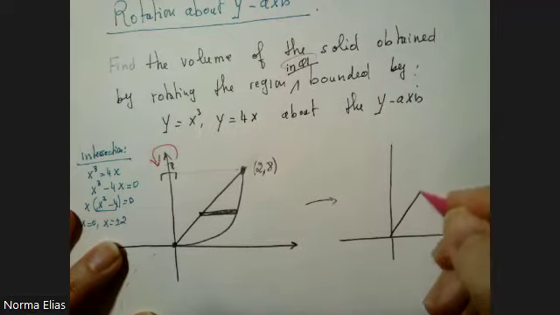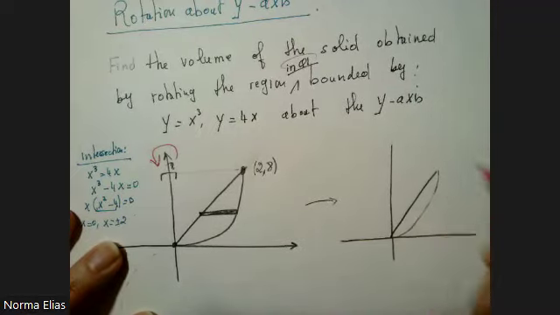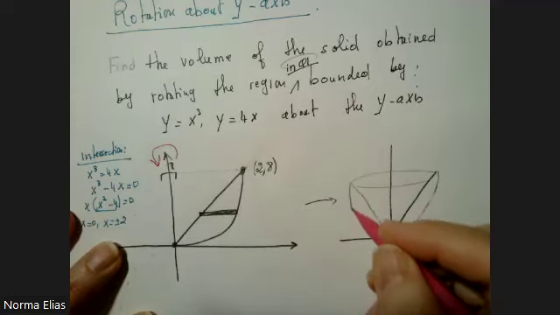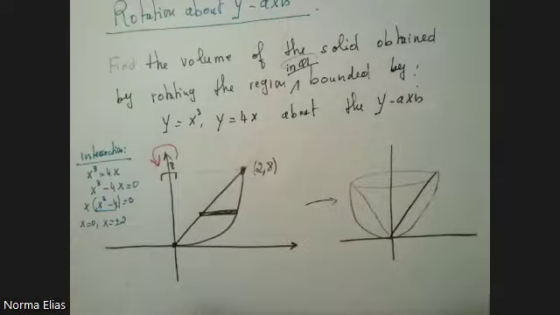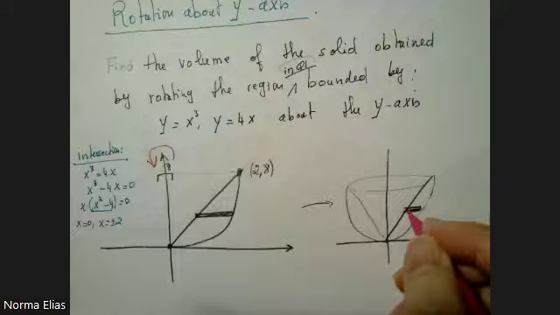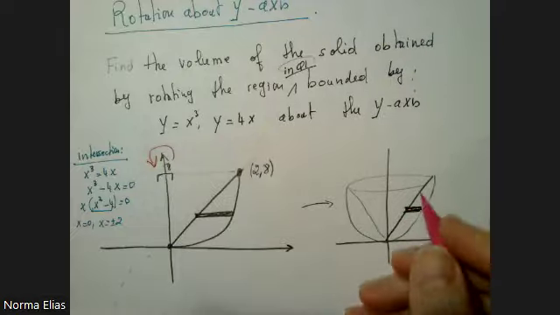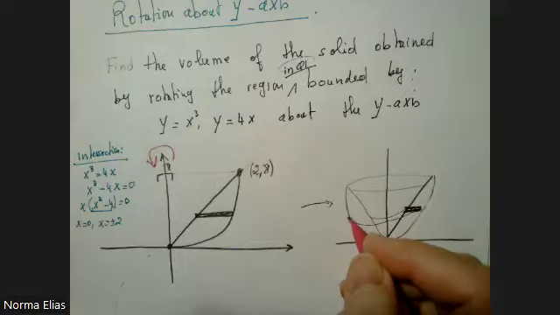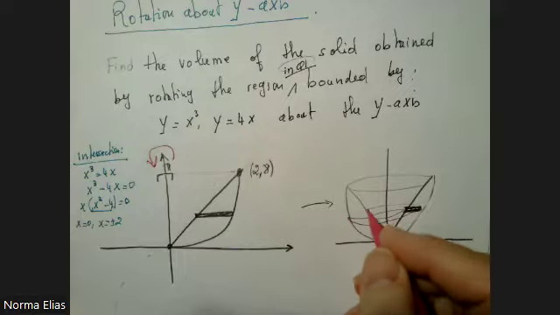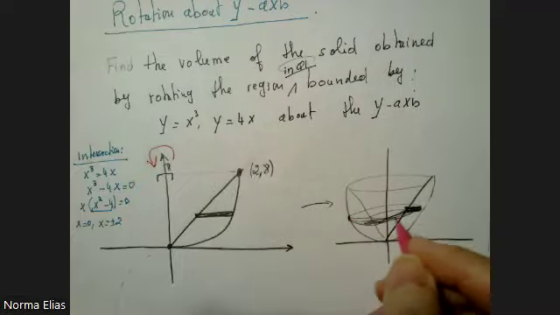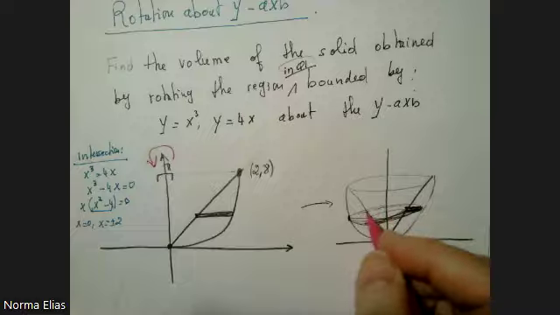And this is the piece that I usually try a little bit to visualize the picture. I'm rotating this way. That's the rotation. And I'm gonna take this piece here. So I'm gonna cover this region with those washers. So when I'm rotating that, I'm gonna get something like this. So that's the washer that I'm gonna cover the other region with.